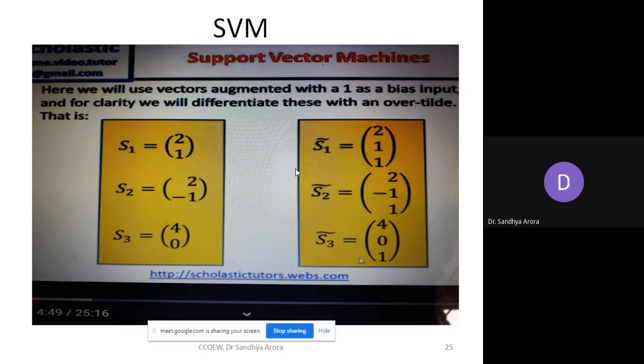First, these support vectors are augmented with one value, because the bias value we are initially taking as 1. So the first support vector will be changed to (2, 1, 1), the second to (2, -1, 1), and the third to (4, 0, 1). Now you have these 3 support vectors to work on, with the b value added.